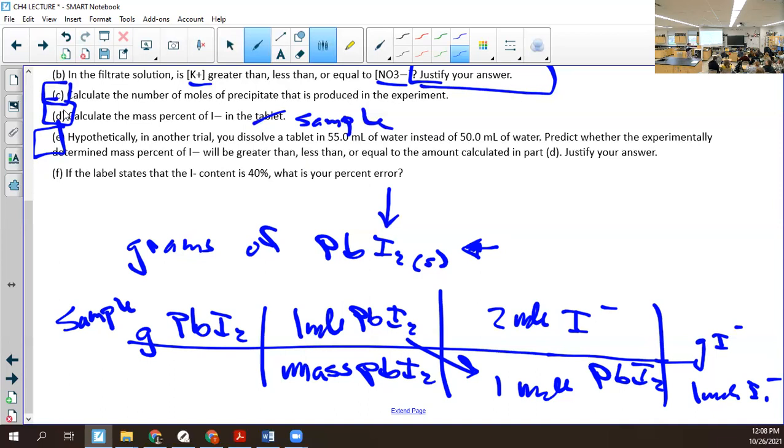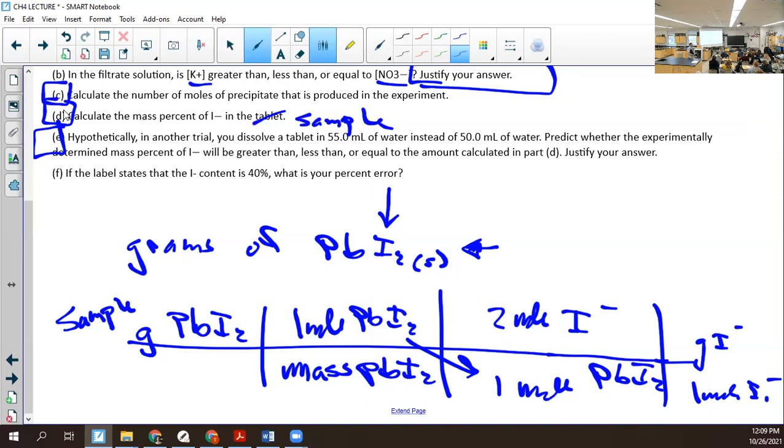All right. So here's my question. Is water part of this reaction? No. There's plenty of water for all this to dissolve. So it wouldn't matter. If we got a very small amount of water, it would matter because it wouldn't all dissolve. But we've got plenty. Water is not part of this.